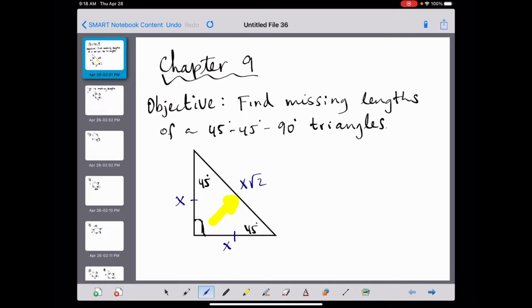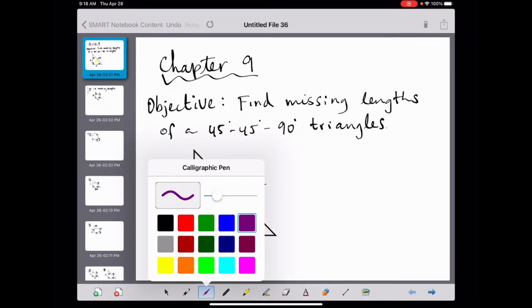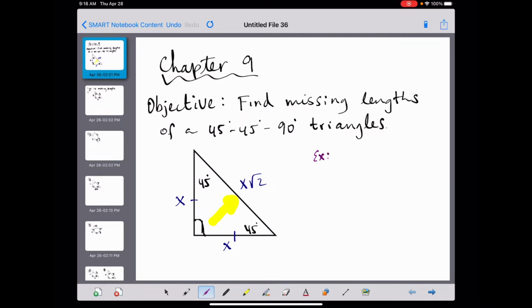So for example, let's just say I give you a triangle that's 45, 45 degrees, and I only give you one side. Let's say this side is 3, and I'm going to ask for x and y, okay?